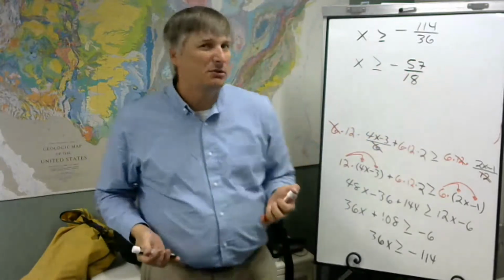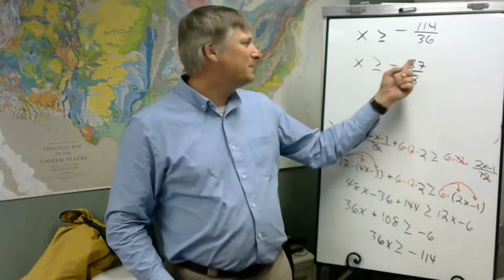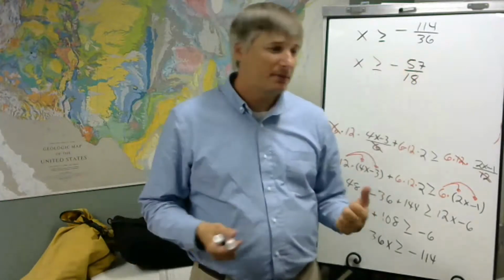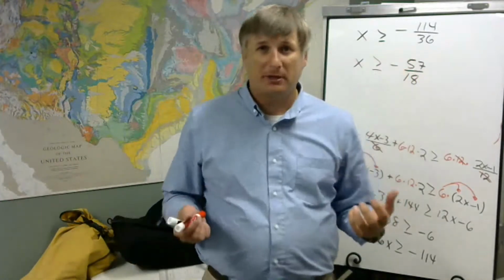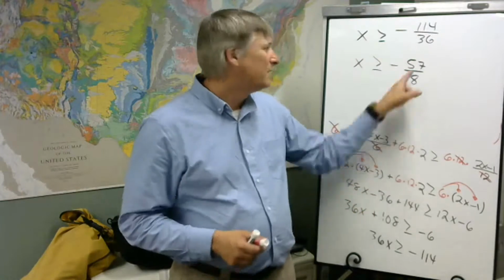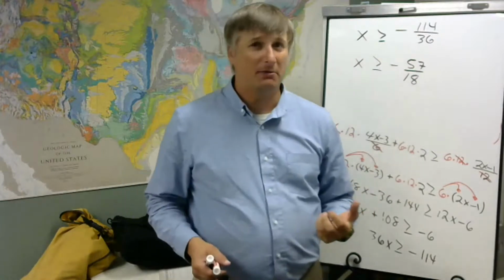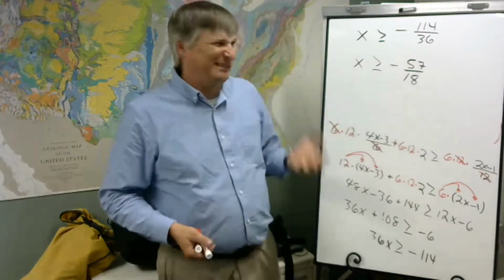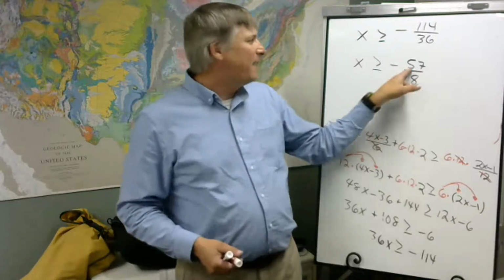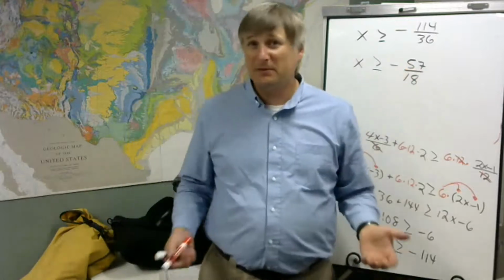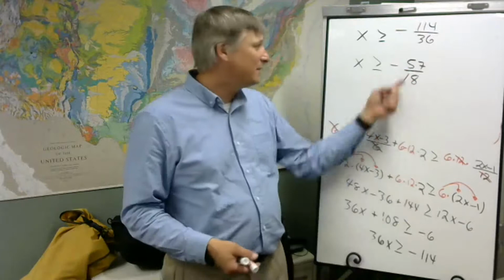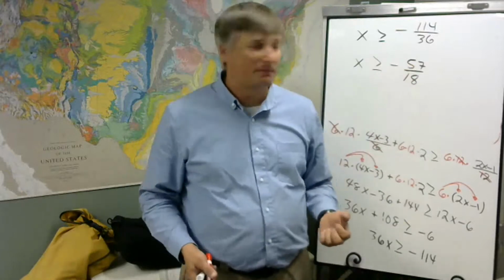And a little trick you can do, if you add the digits of numbers and they add up to something divisible by 3, then that number is divisible by 3. So you look at 57, it's like, I don't know. But 5 plus 7 is 12. 12 is divisible by 3. So that means this is divisible by 3.